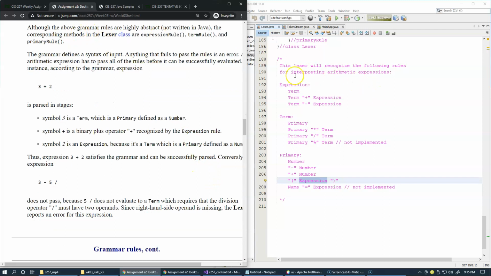And although these rules are highly abstract and not written in Java, the corresponding methods in the lexer class do have expression rule, term rule, and primary rule. So in this class lexer, we have the methods that represent these rules. So the grammar, the combination of all the rules here, defines a syntax of input.